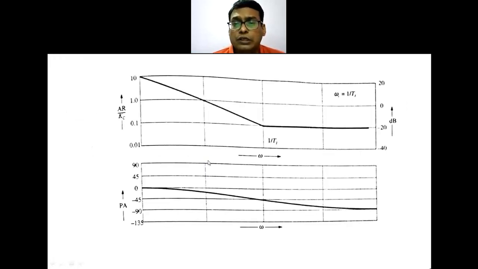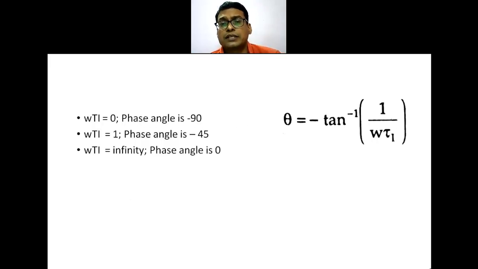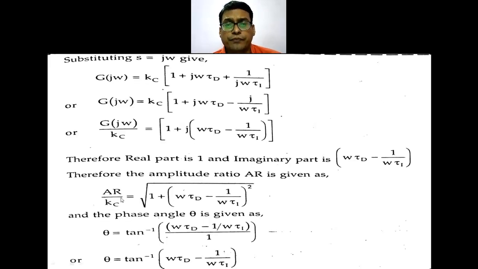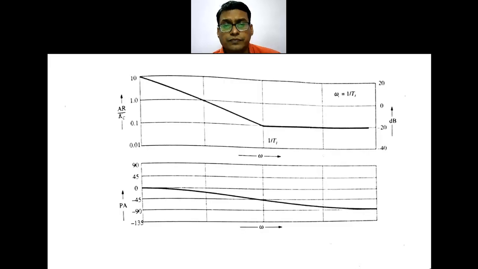Then we will plot a graph having the values of minus 90, minus 45 and 0 for 0, 1 and infinity.